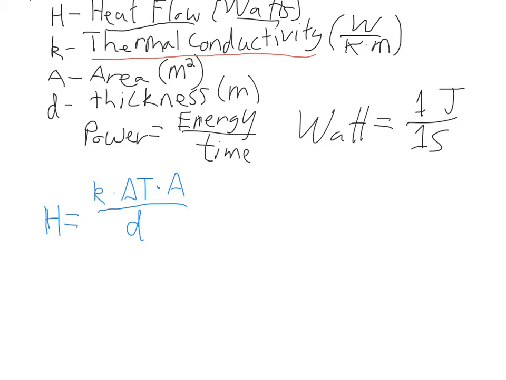So this equation can be used in a lot of different ways. You'll see it here in an example in the homework problem, where we use it to look at the heat flow through a blanket. It can also be used, like for example today in class, where I had that metal rod and I held one end over the flame.